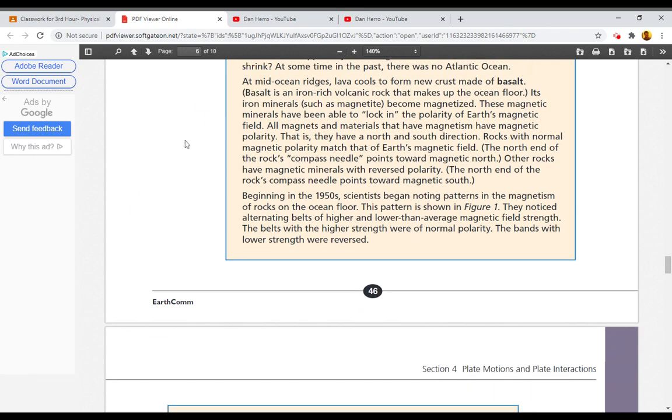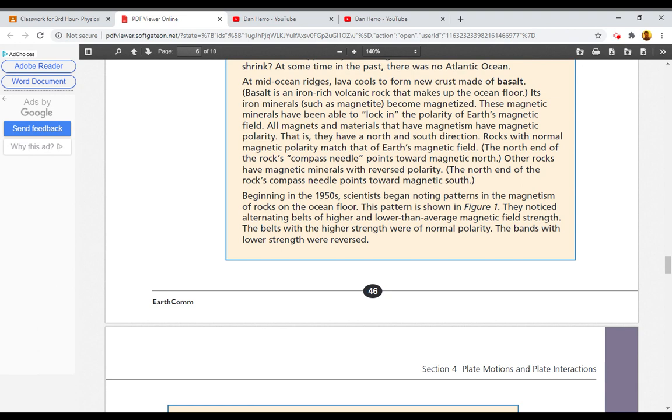At mid-ocean ridges, lava cools to form new crust made of basalt. Basalt is an iron-rich volcanic rock that makes up the ocean floor. Its iron minerals, such as magnetite, become magnetized. These magnetic minerals have been able to lock in the polarity of Earth's magnetic field. All magnets and materials that have magnetism have magnetic polarity.